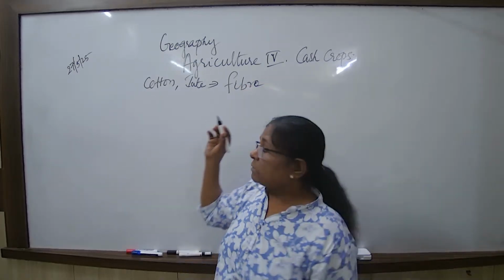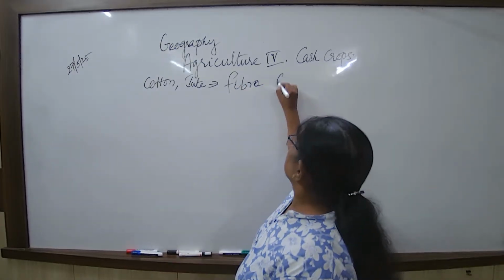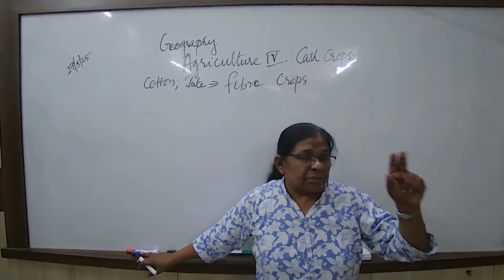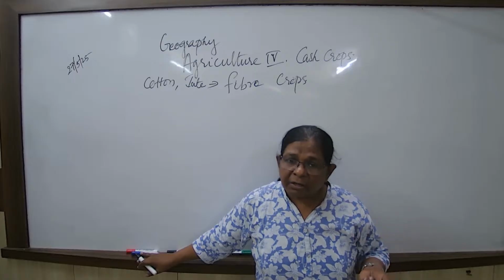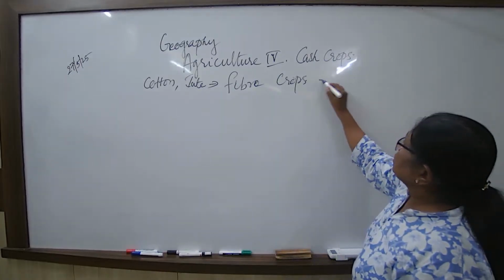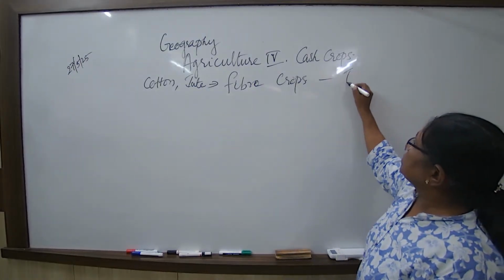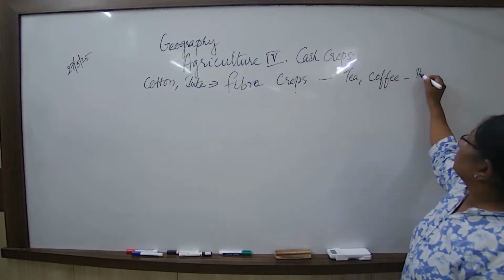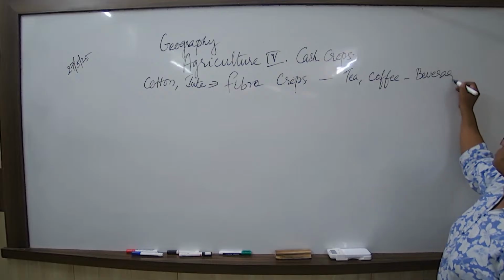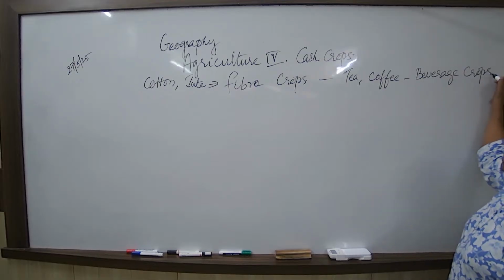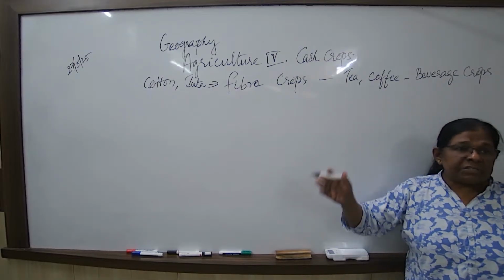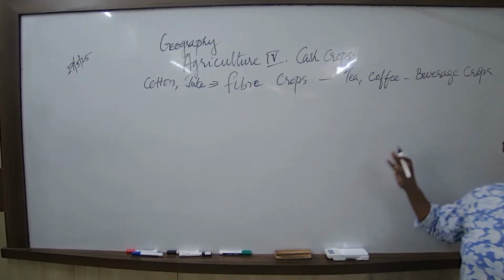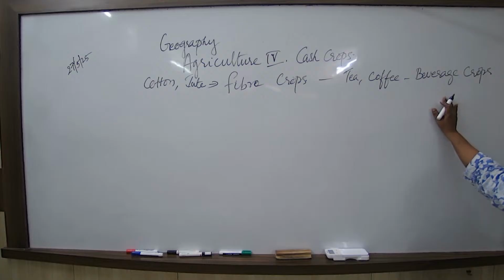The next two crops we have to study are tea and coffee. They are beverage crops. So two categories we are going to study: cotton and jute are the fiber crops, and tea and coffee are beverage crops.